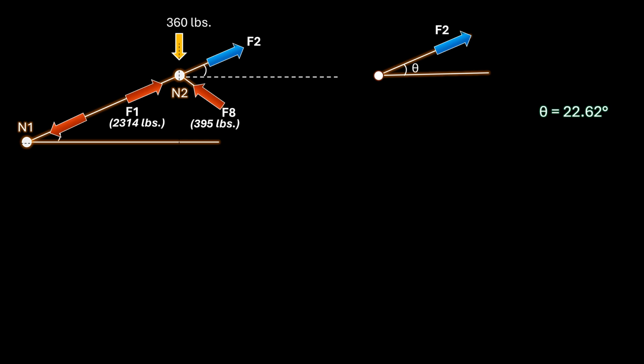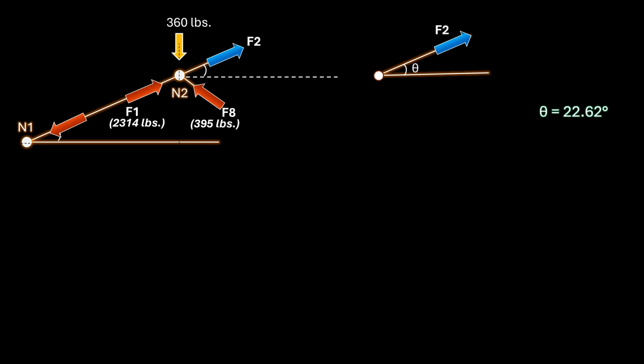We do not know force F2 at member 2, and this is the force we are trying to determine. Since we do not know F2, we will assume that it is a tensile force like we have done previously and will therefore represent it by an arrow pointing away from the joint and into the member. All the forces at this joint are inclined at an angle to the horizontal or vertical axis.